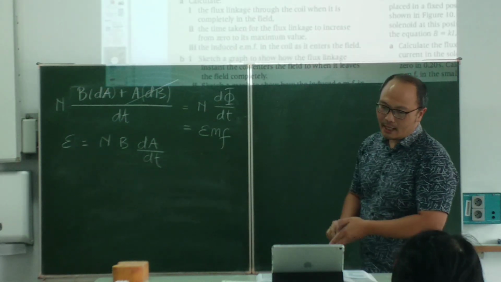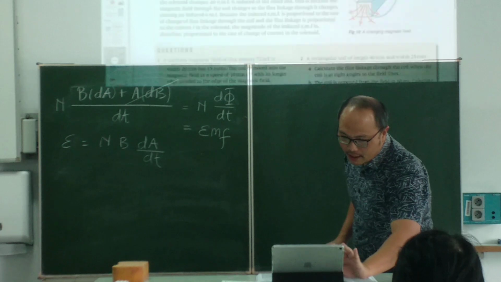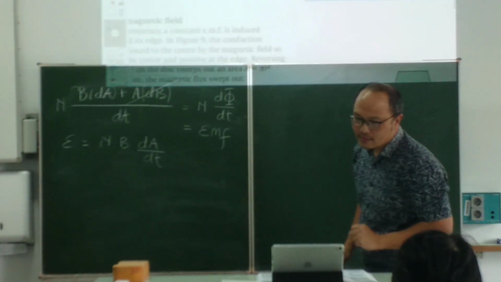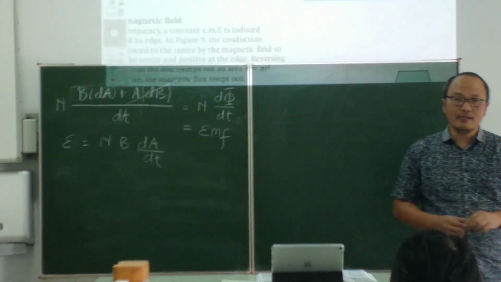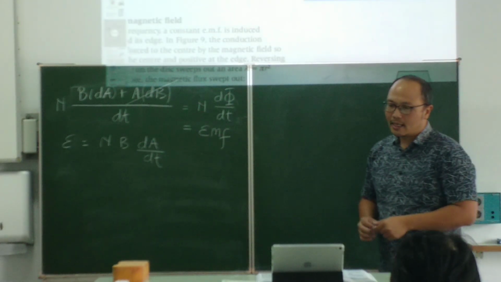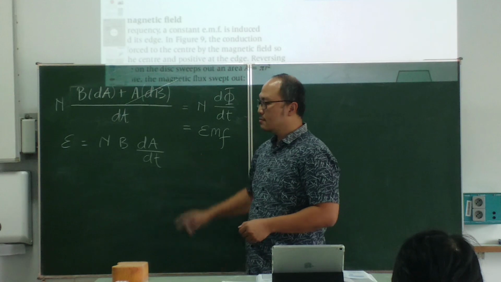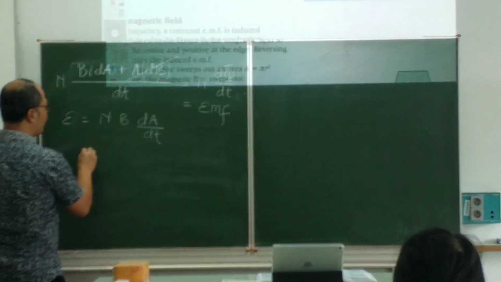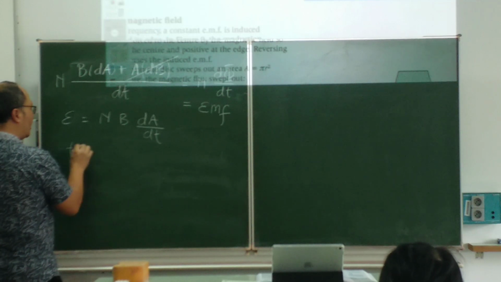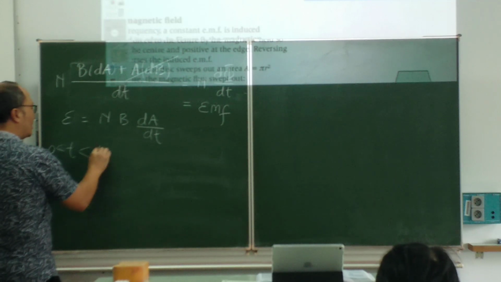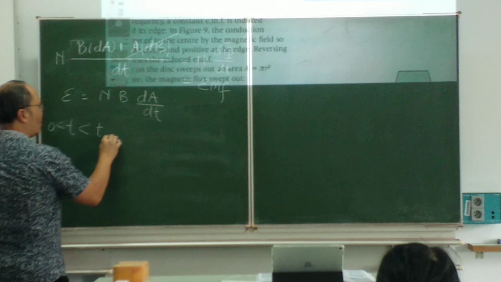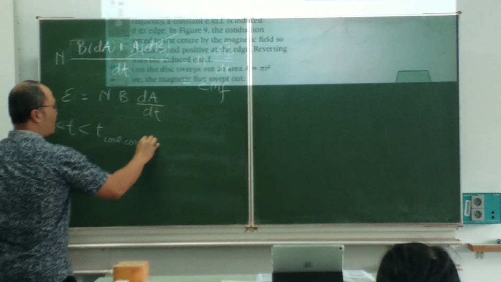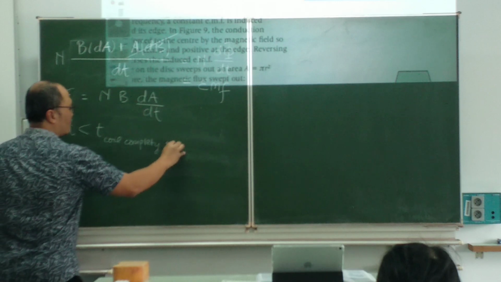this formula, which is this one, right? When the coil is completely in the field, then the A is, for instance, starting from t equals 0 and t when the coil is completely in the field.